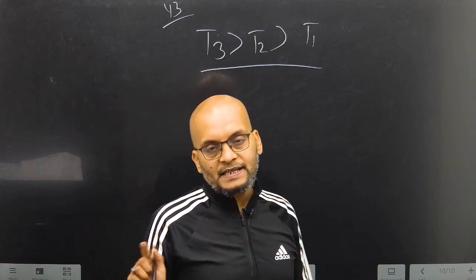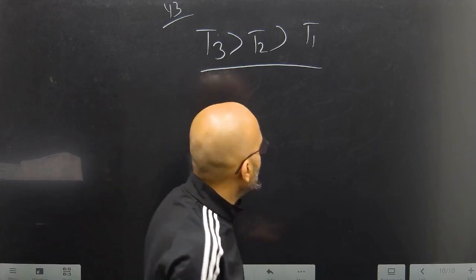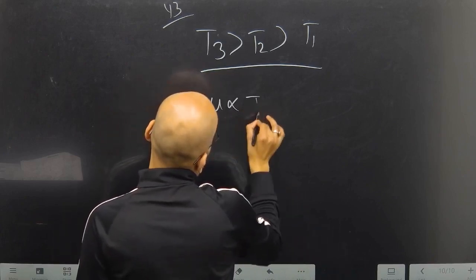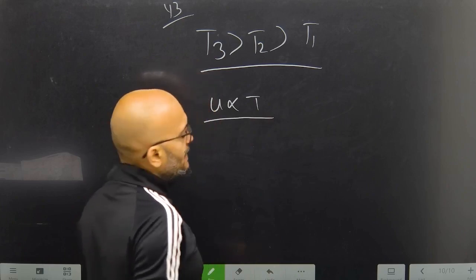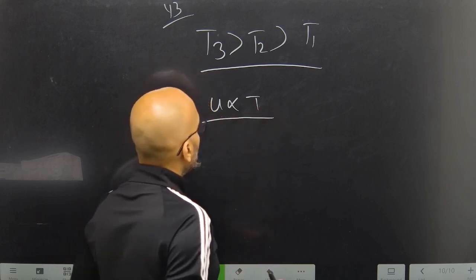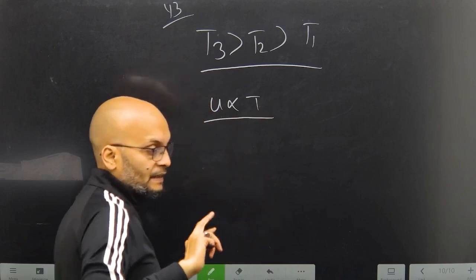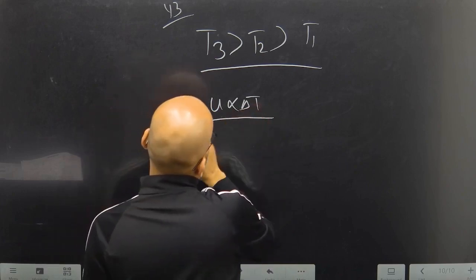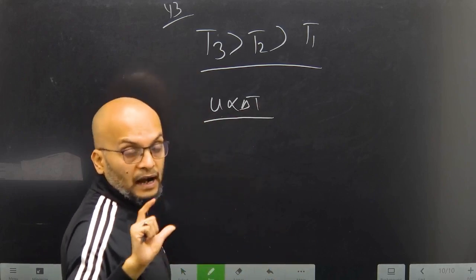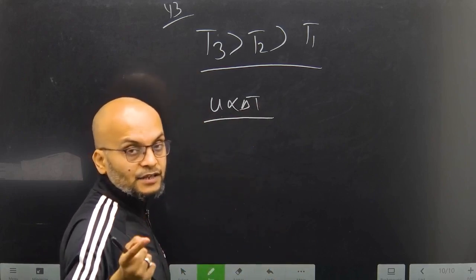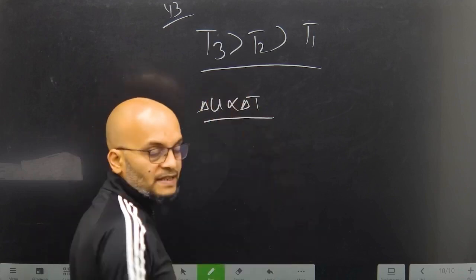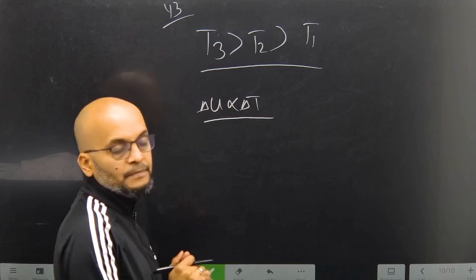Internal energy is directly proportional to temperature. We know this or not? U is directly proportional to T, and if U is directly proportional to T, what does it mean? It means that greater the change in temperature, greater will be the internal energy, or say change in internal energy, one and the same thing.